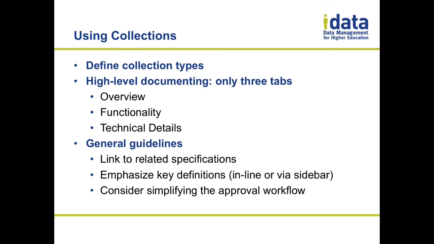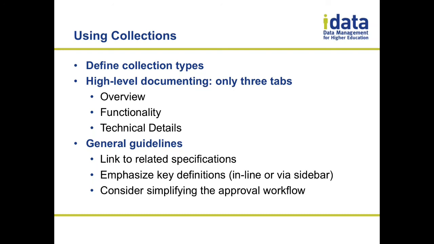They are not at the level of detail of a specification, so there's only 3 tabs: an overview tab, a functionality tab, and then a technical details tab. This is generally a place to get started and then drill in for additional detail. So you'll link to related specifications. You can emphasize key definitions either inline inside one of the text fields or via the sidebar.